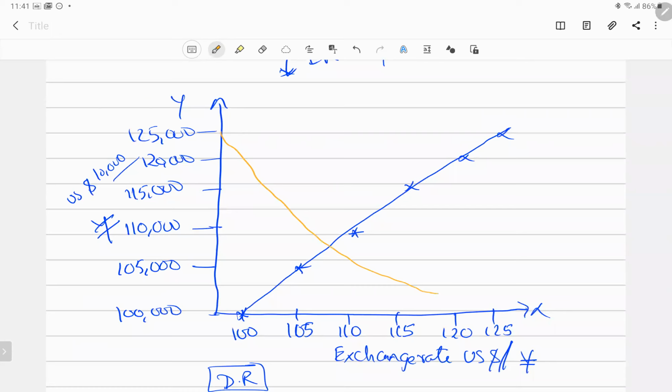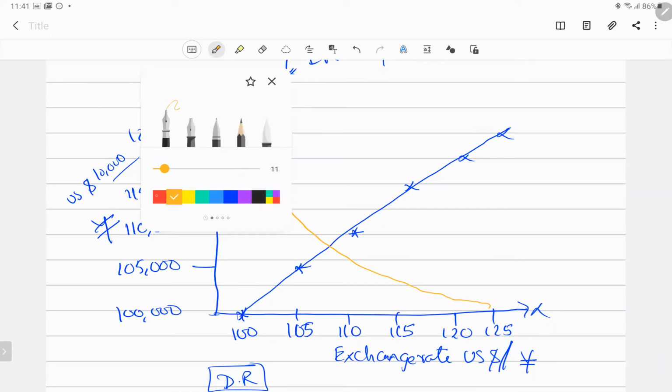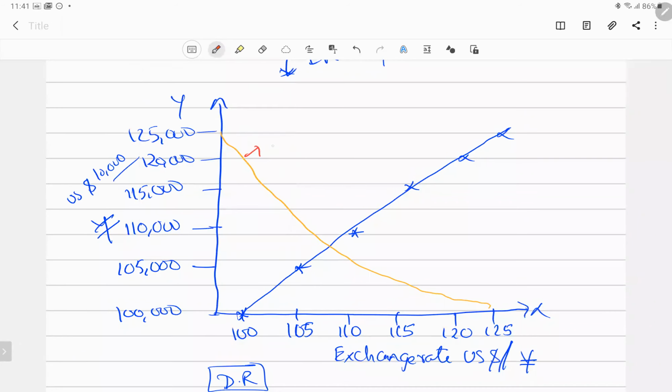It will go like this. So this is your reciprocal relationship. This is your inverse relationship, and this is your direct relationship of your exchange rate.